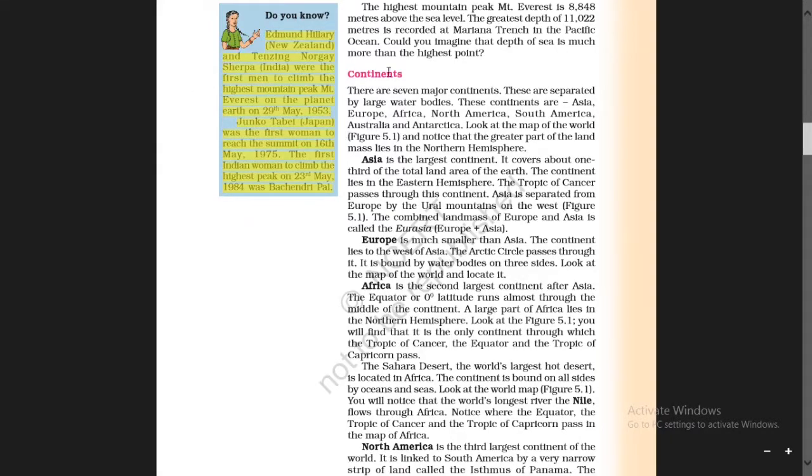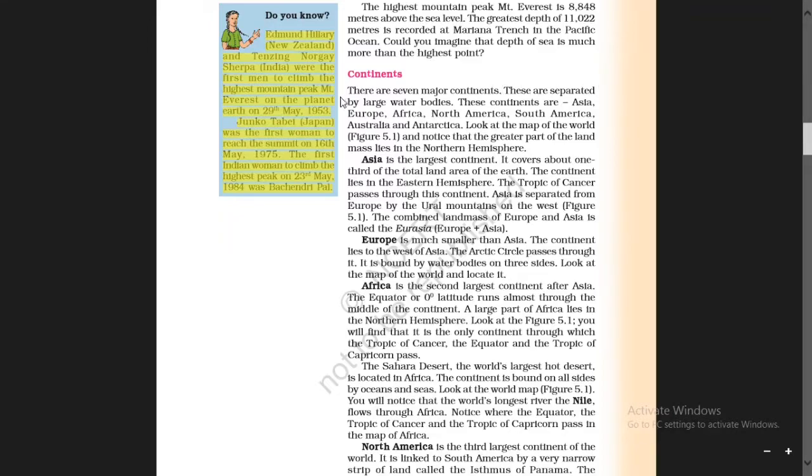Now let us see continents. Continents, boys, the big land masses of the earth are known as continents. So there are 7 major continents, boys. Seven major land masses are known as continents.